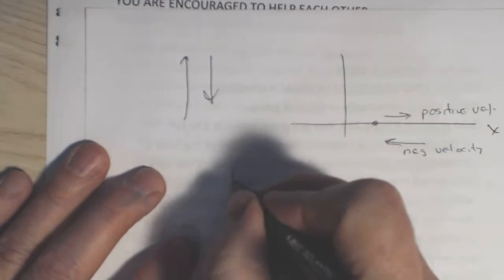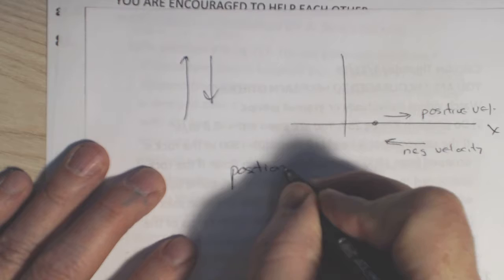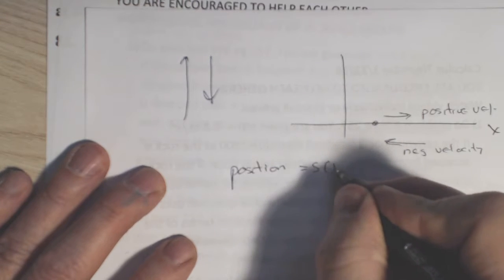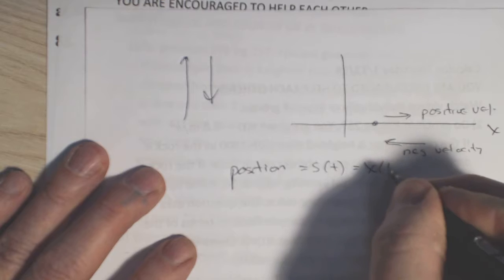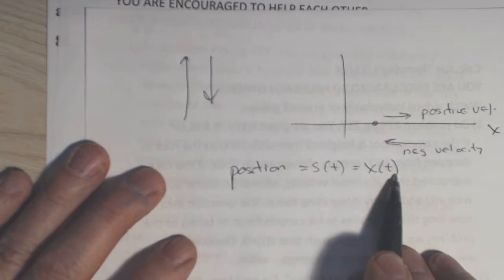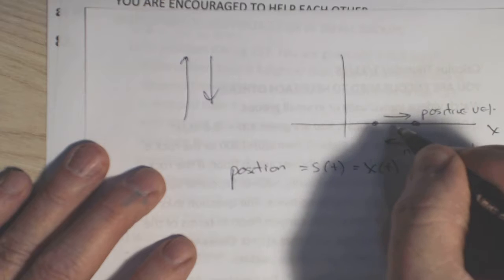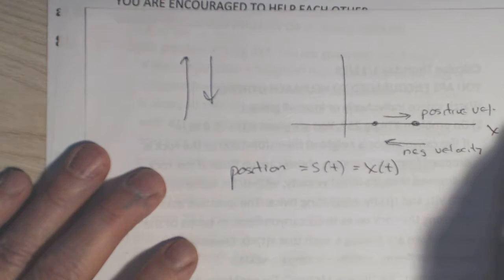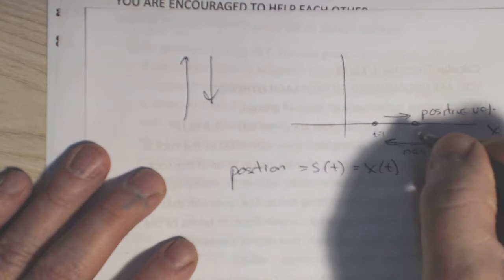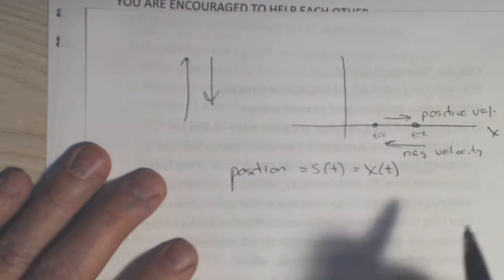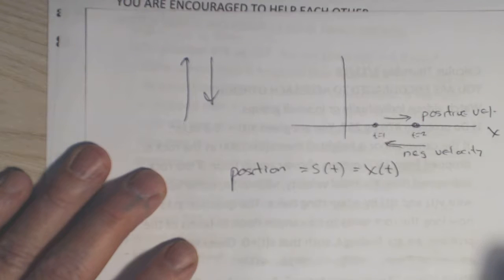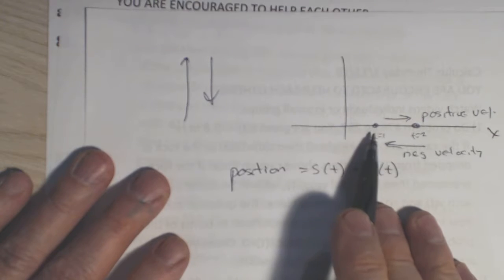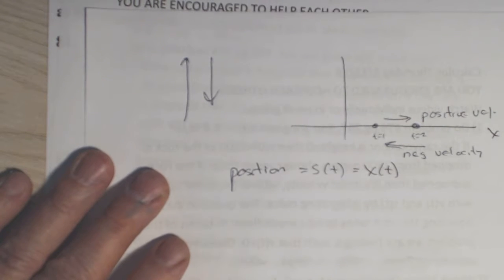The position function, which is usually s of t, in these problems you'll see is called x of t, because x of t is the position, where is this object along the x-axis at any time t. So this would be at t equals 1, it's here, t equals 2, the x position is maybe here, 3. So we're moving right and left along the x-axis, but other than that, it's just position, velocity, acceleration.